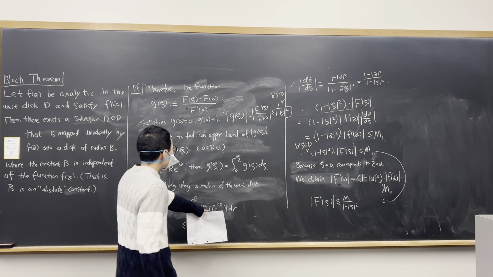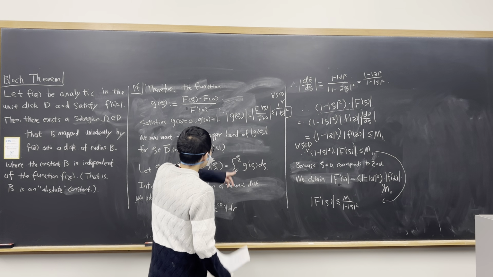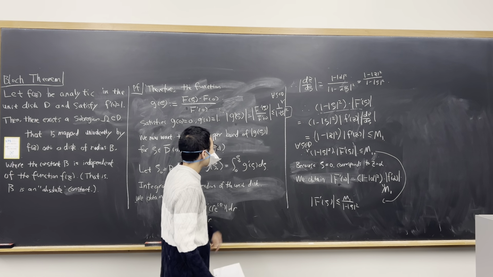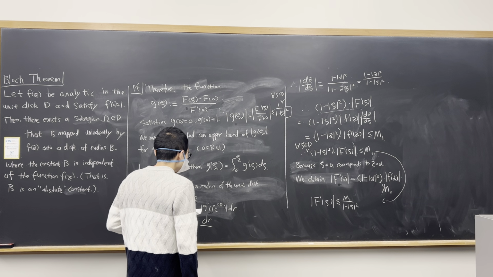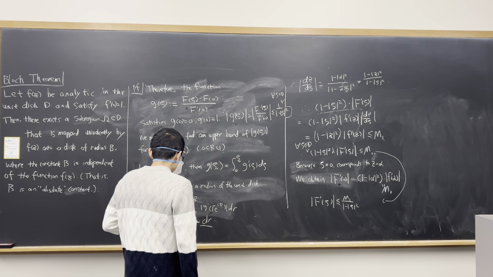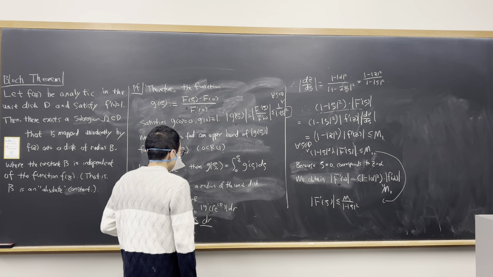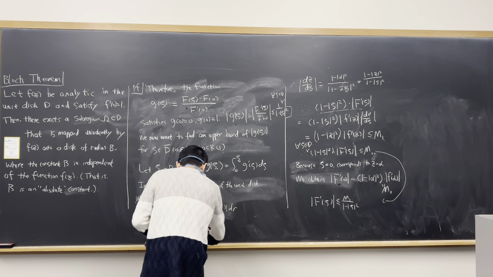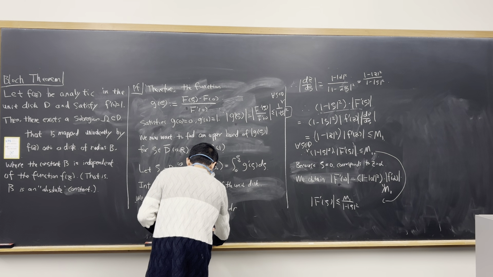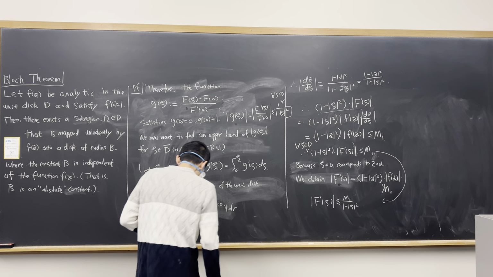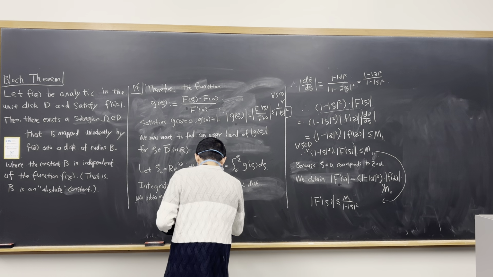So here we use the previous result, that g prime of theta is less than or equal to 1 over 1 minus modulus of theta squared. Because we know that here the modulus of theta is just r, this is less than or equal to 1 over 1 minus r squared dr, right?